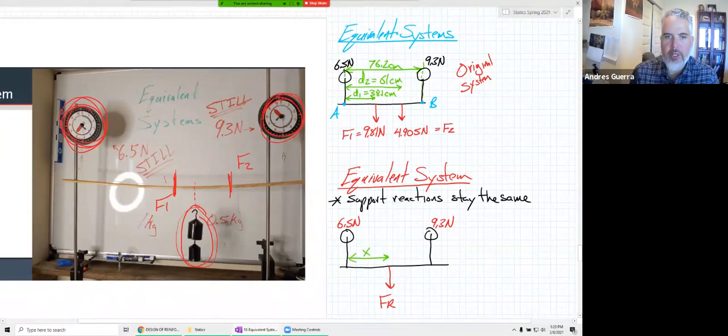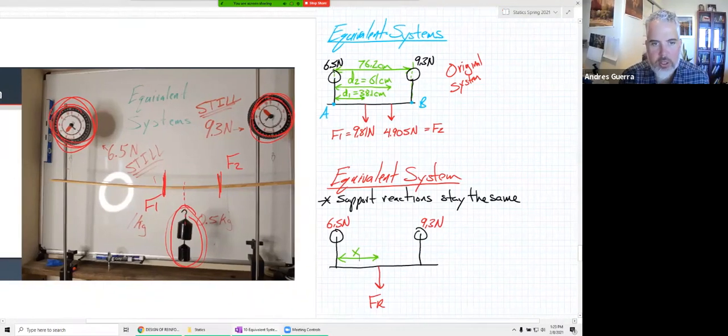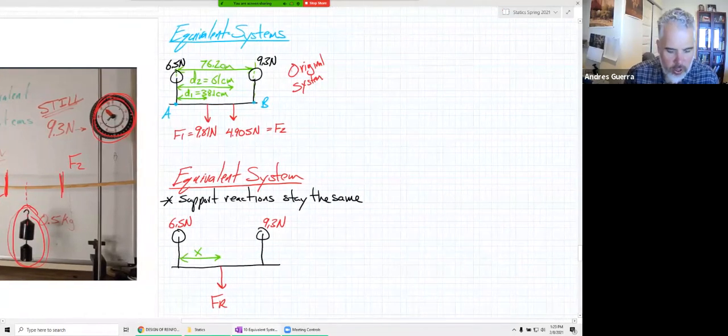In order to get our equivalent system, we really have just two rules for equivalency.